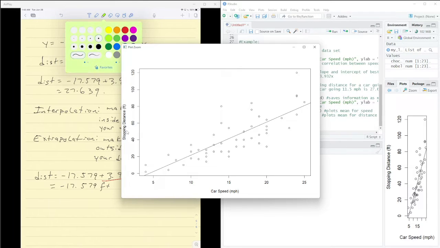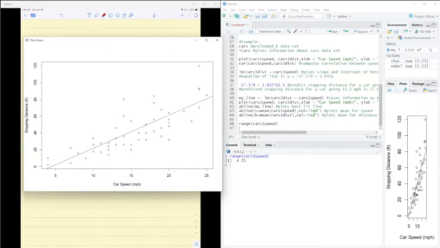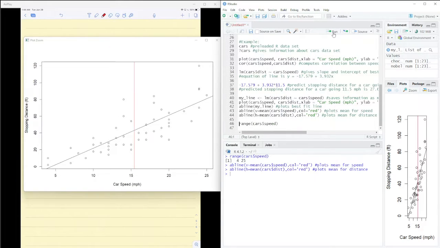Interpolation is good. That's okay. Extrapolation is generally not okay, in the sense that it doesn't give you reliable results. And again, we can overlay the mean of the x and the y values and see that that point always lies on your line.